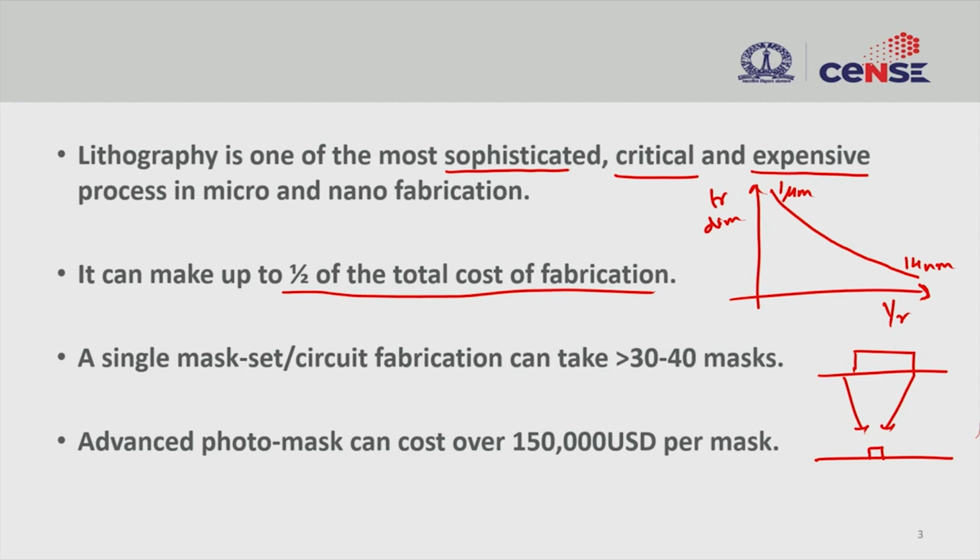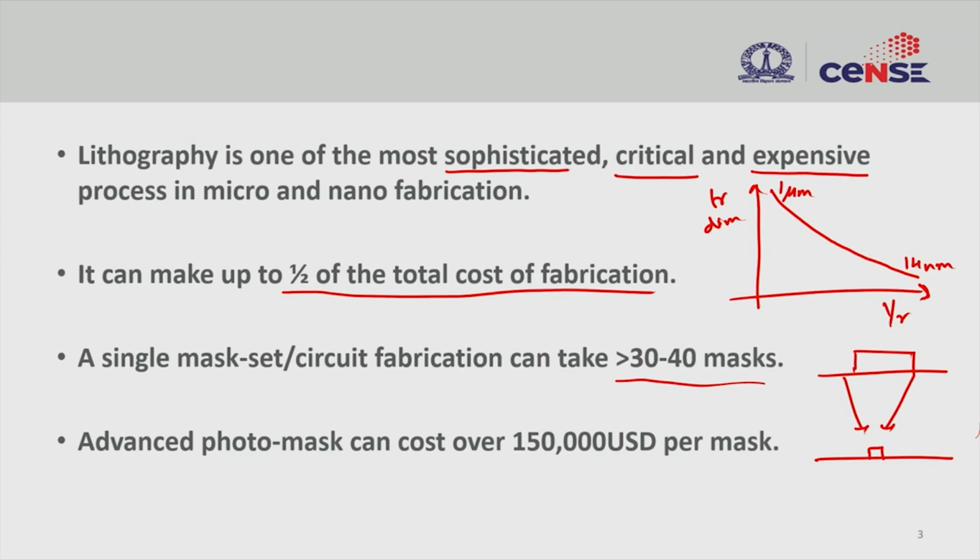So it adds a technology to miniaturization, but on the other hand it also adds cost. And a single mask set or circuit fabrication, a functional circuit fabrication, can take up to 30 to 40 masks. So what do we mean by mask? It is nothing but a single layer of patterning requires this mask.